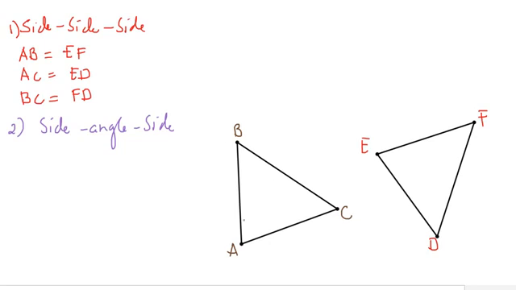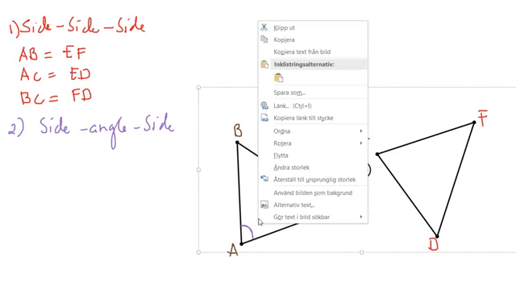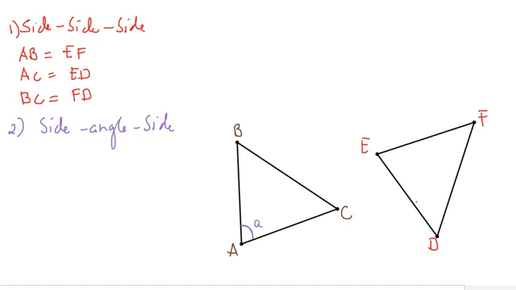That means if I have this angle, call it angle A, and we have this angle E. So if, for example, I have side AB is equal to EF and side AC is equal to side ED, and angle A is equal to angle E, which is in between this side.